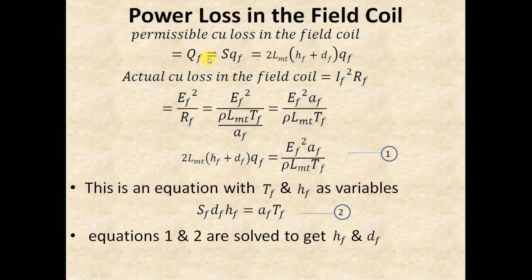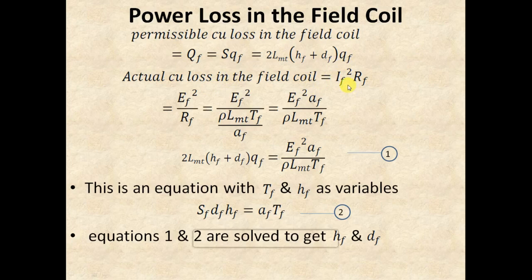This value can be easily obtained by multiplying small q suffix f with the total surface area, because small q suffix f is actually indicating the heat loss per unit area. So while multiplying the heat loss per unit area with the total surface area, we will be able to obtain the value of total loss which is dissipated through all the surfaces of the field coil. So instead of this S, we can make the substitution 2 into length of mean turn into HF plus DF into QF. As we all know, the standard relation of copper loss is I square R.